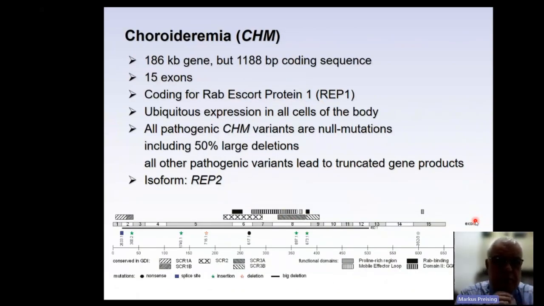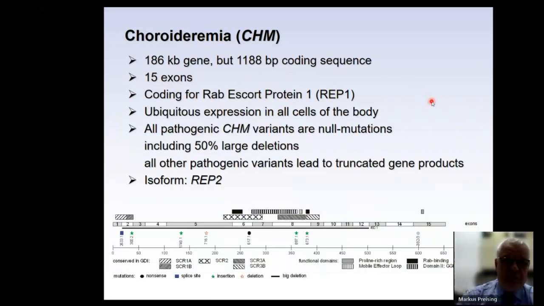The choroideremia gene. What do we need to know about the choroideremia gene? It is a very large gene, but has only a small coding sequence. This small coding sequence is distributed over 15 exons, and there is a large area of non-coding sequence between these exons.